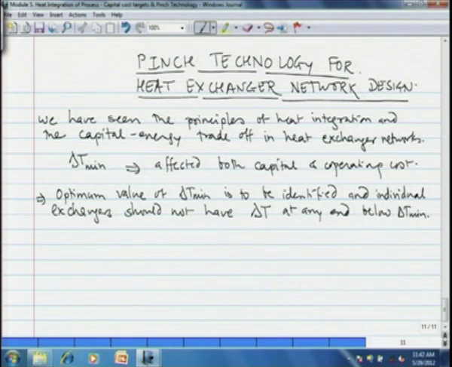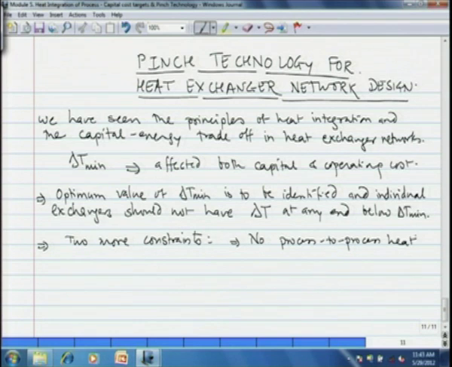Moreover, we also have seen two more constraints: that there should not be a process to process heat transfer across pinch, and then inappropriate use of utilities, that is, no cold utility has to be used above pinch and no hot utility has to be used below pinch.